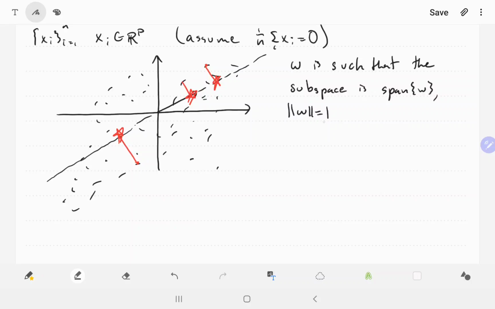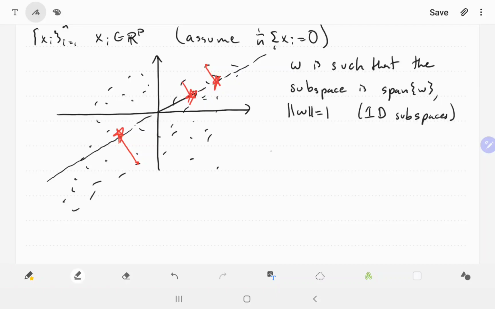If we scale w, it wouldn't change the subspace at all. It would just create something that was not identifiable from an optimization perspective. So we're going to force the norm to be 1, so this is a unit vector. Remember, currently this is for 1D subspaces, and we're just using this to motivate the larger problem of PCA.